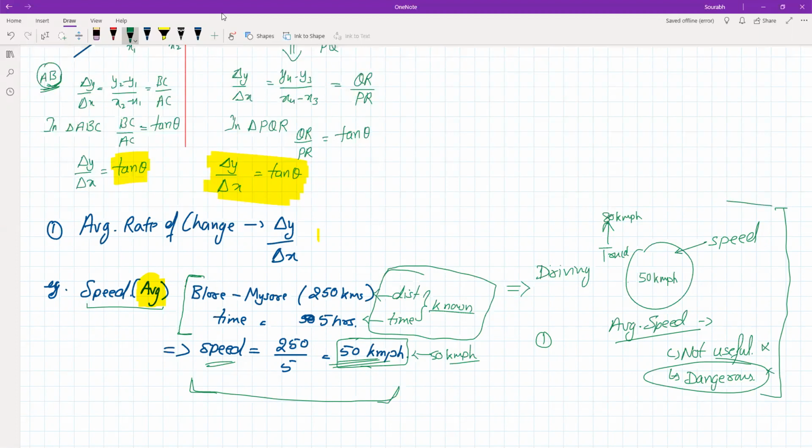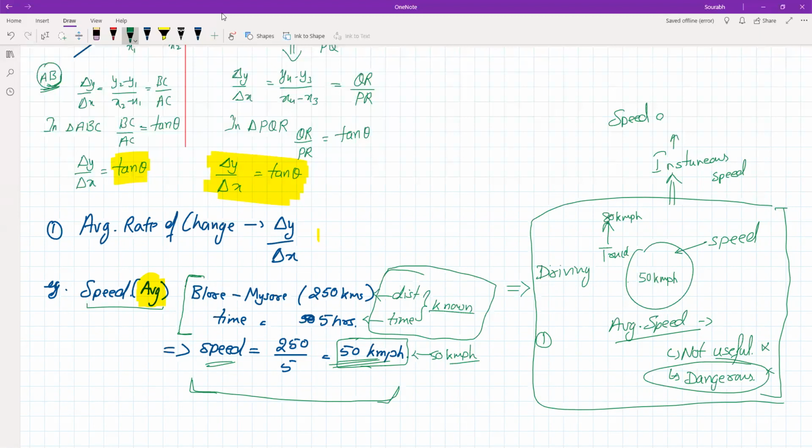So what speed should that panel show? That panel should actually show us the instantaneous speed. What does that mean? That is the speed at that particular instant. We need that.